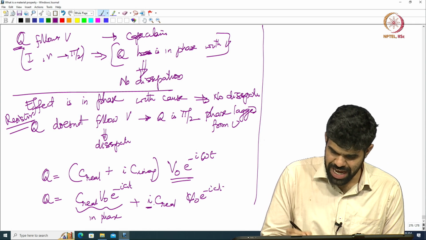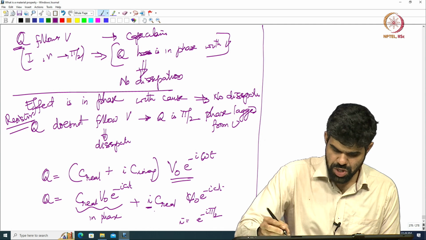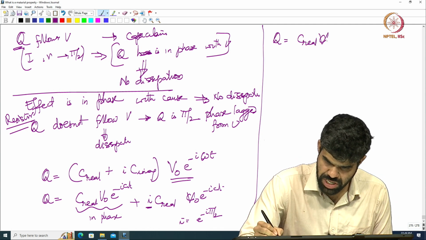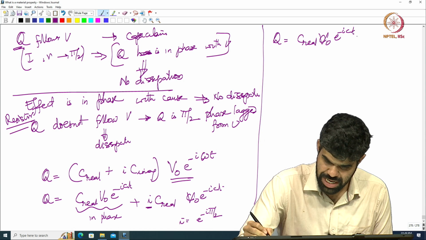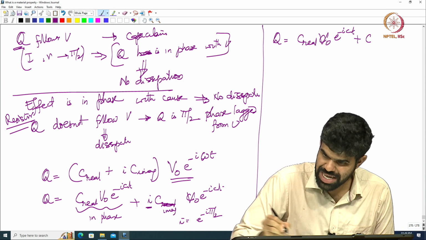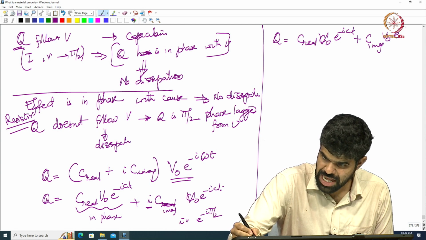Now, i is nothing but e power minus i pi by 2. So Q equals C real V naught e power minus i omega t plus C imaginary V naught e power minus i omega t plus pi by 2.